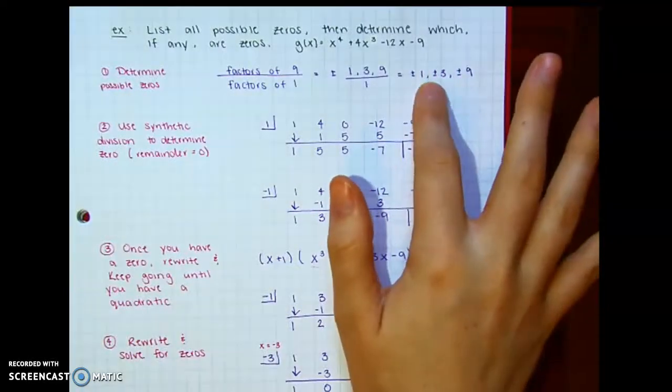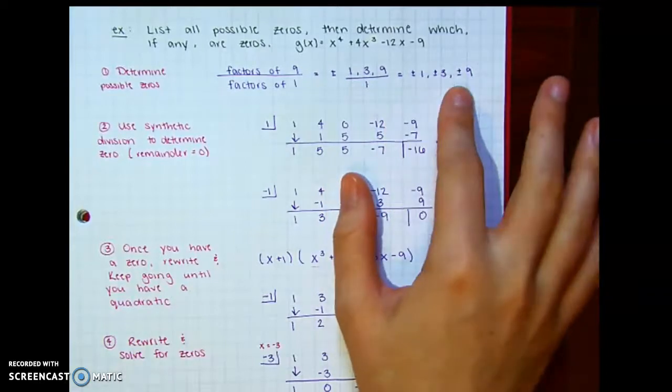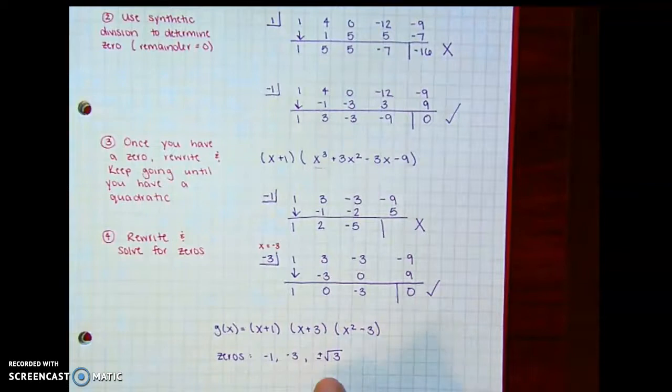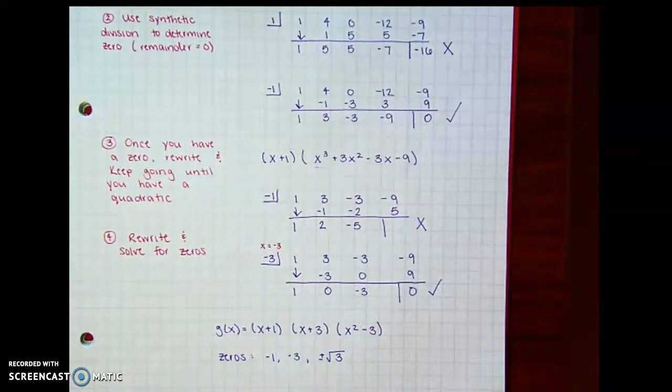Solve for factors that are integers, and then you'll get to the point where you can get something like this, and that's how you can solve for things that aren't integers or rational, right? Because that's irrational, so that's not going to show up at all by doing synthetic division.